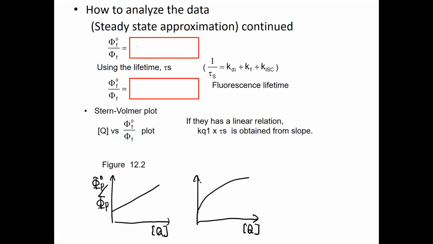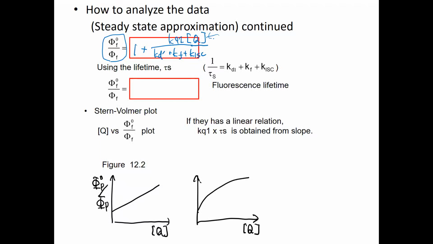You could just calculate this: KD1 plus KF plus KISC plus KQ1 Q over KD1 plus KF plus KISC. So this is the experimentally observable, and the left side is a function of the experimental parameter Q, right? So by changing Q and obtaining the experiment, you can make a comparison, right?